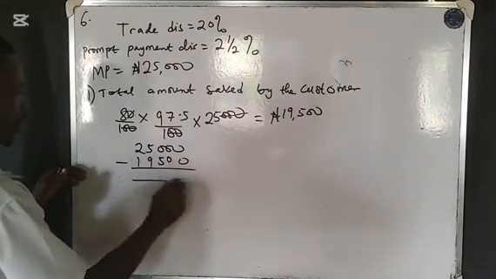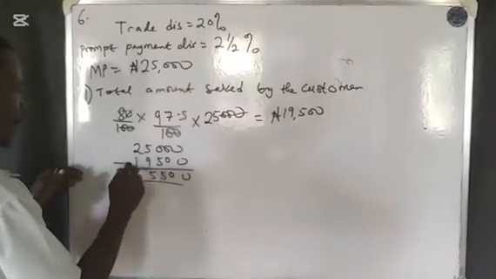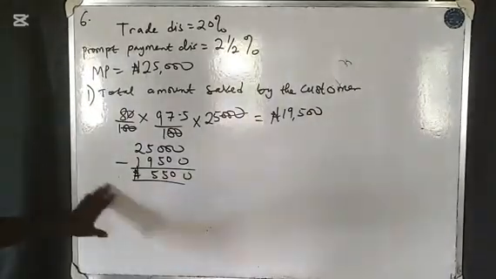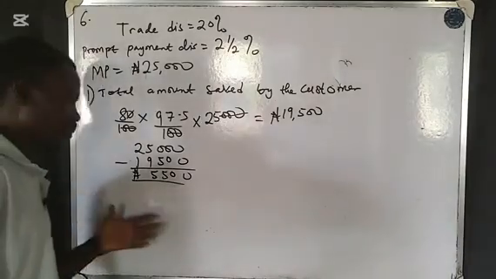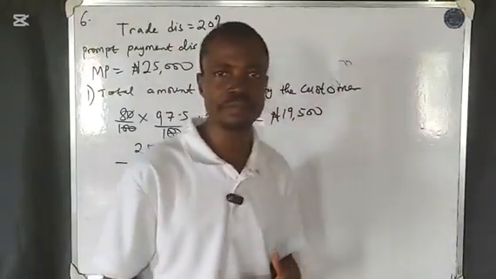What's the balance? 5,500. So this is the amount saved by the customer. It's always good to write your statement. Therefore, the amount saved by the customer is 5,500 naira. Is that okay?